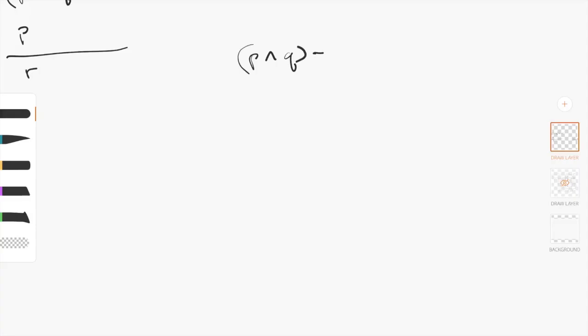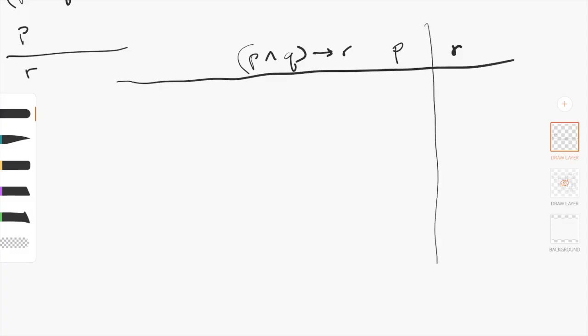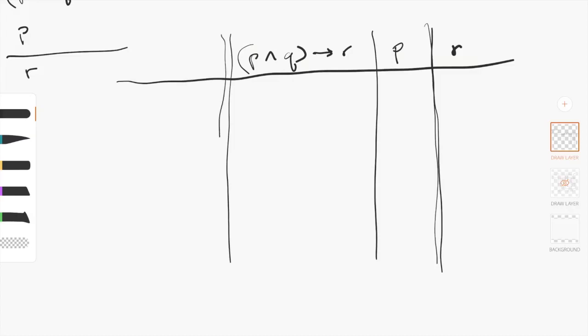So we will construct a truth table for the premises. The premise P, conclusion is R, and as we did before, I like to use two lines between the premises and the conclusion just to keep organized, and two lines between the premises and the input values. Once again, we have three distinct variables, P, Q, and R. That means we'll need 8 rows.